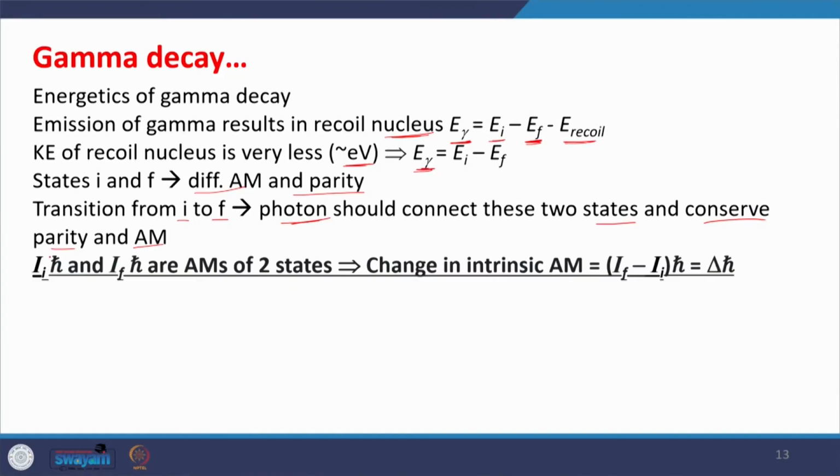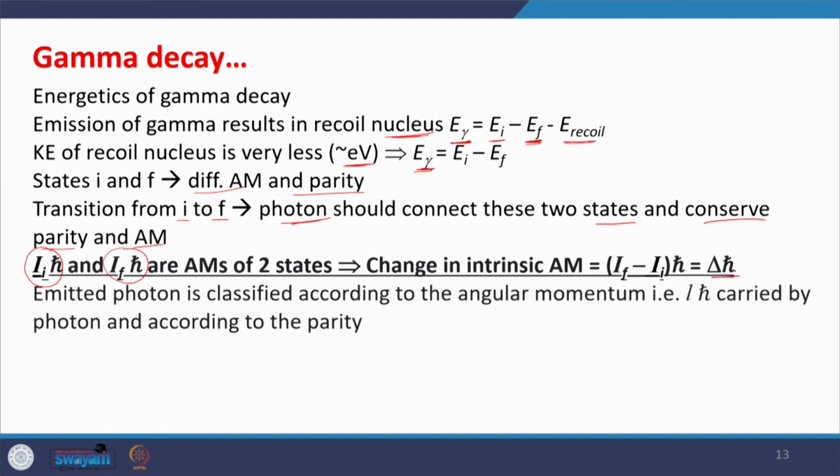Okay? I will spend a couple of minutes in this lecture so that we can understand more important features of gamma decay. You see, this is the angular momentum in integral multiples of h cross, for the initial and final state. They are the angular momenta of the two states involved in the transition, and the change in the intrinsic angular momentum is nothing but delta h cross.